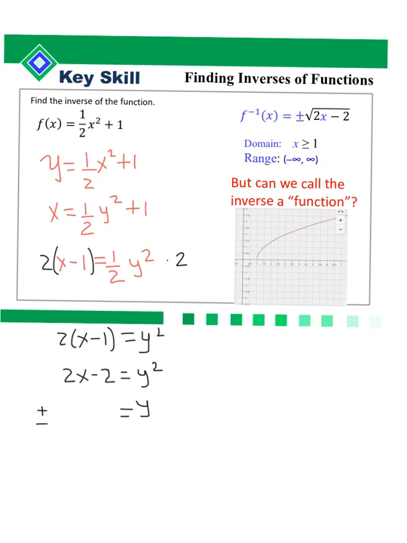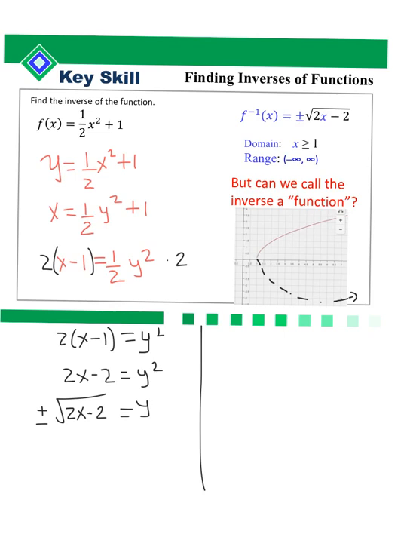To undo the square, you get a square root, 2x minus 2. If you graph this function, because it's plus or minus, you're going to get this graph. And this is going to be the domain.